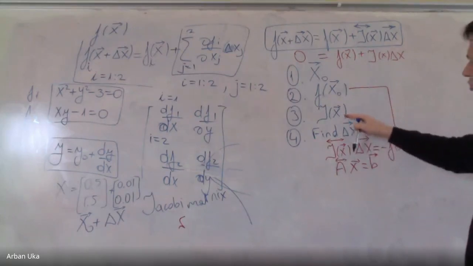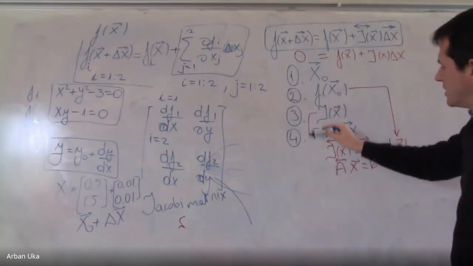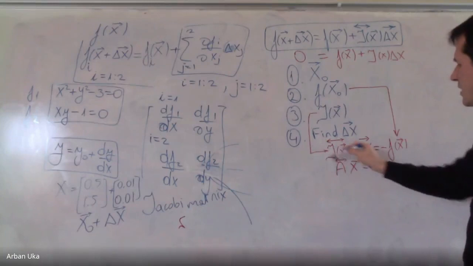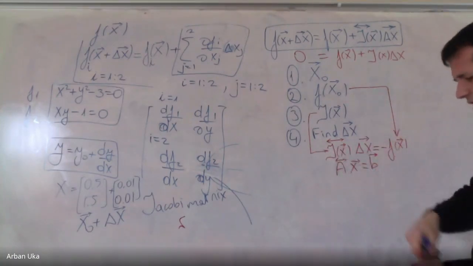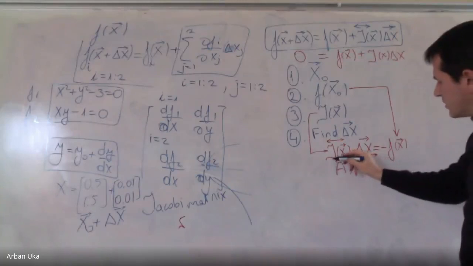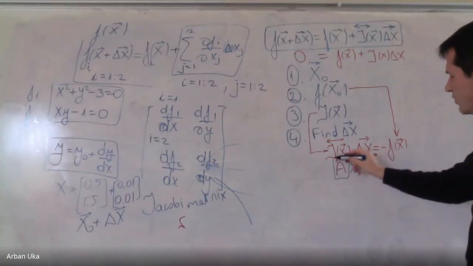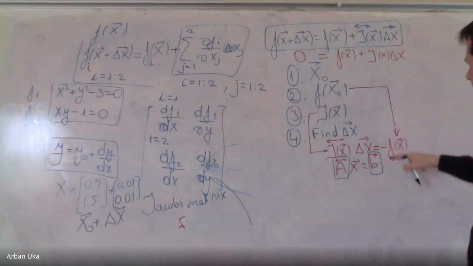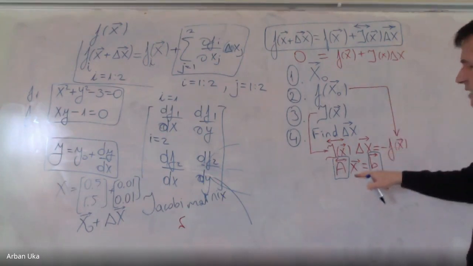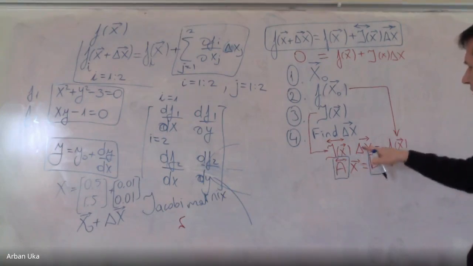And this Jacobi matrix that we found in step 3, that's why we do these steps, we insert it here. So we end up having a linear system of equations where we know the A, we know the b, where the b is minus f of x, and we need to find this new x, sorry, this new x is the delta x.